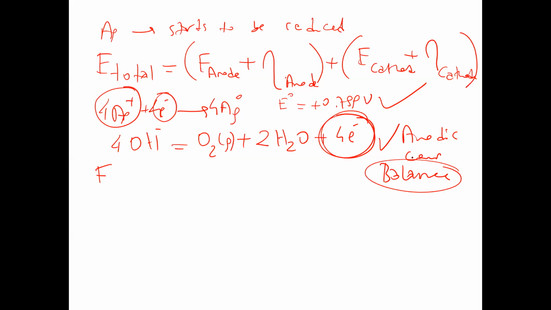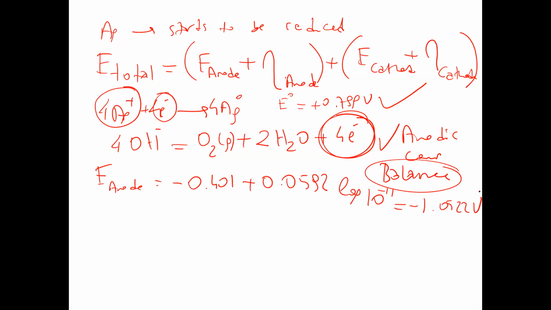Okay. Here the E anode is minus 0.401 plus 0.0592 log of the hydroxide ion concentration, 10 to minus 11, and this is equal to minus 1.0522 volt.